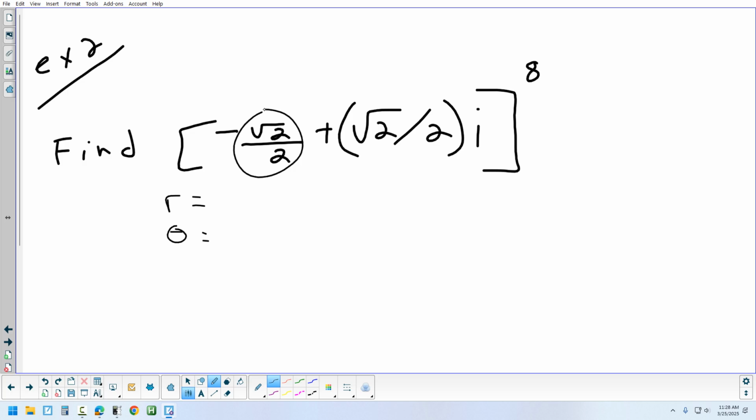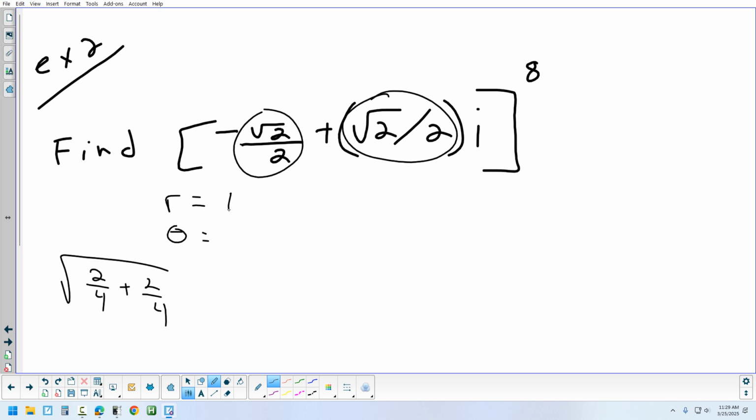When you square this fraction, what do you get? 2 over 4. How about when you square this fraction? 2 over 4 again. What's 2/4 plus 2/4? 1. And what's the square root of 1? 1. Okay, so your radius is 1.